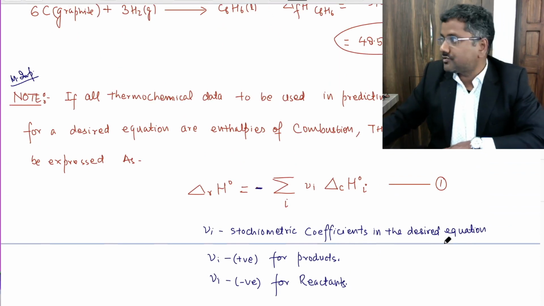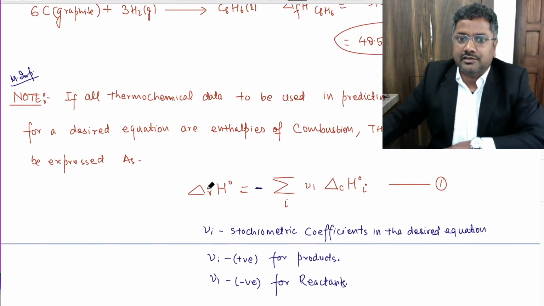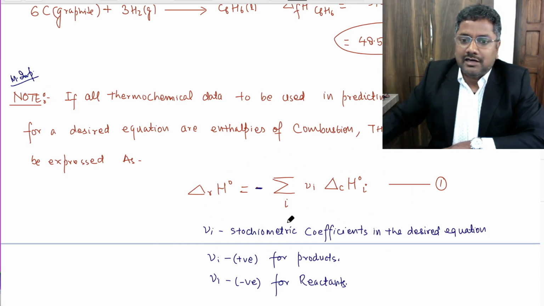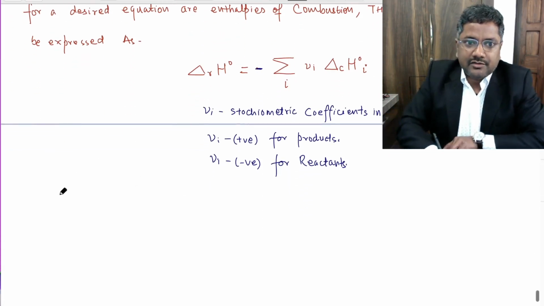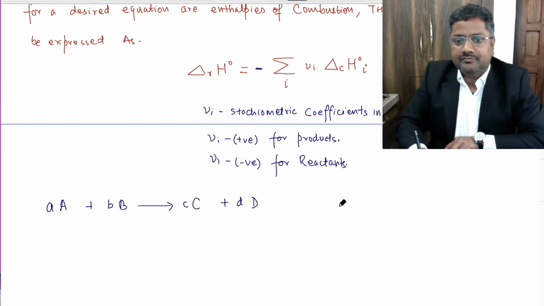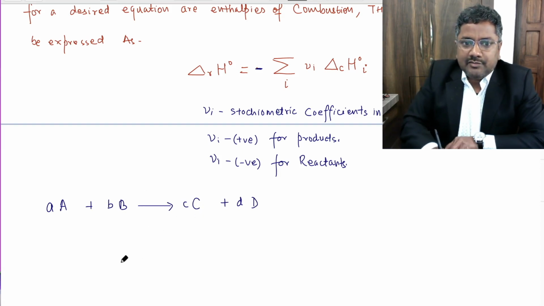So everybody, first you have to write this formula, then I'm giving you the idea how to apply it on the equation. Suppose that your equation is aA plus bB gives cC plus dD. So the standard enthalpy of this reaction can be expressed in this form.